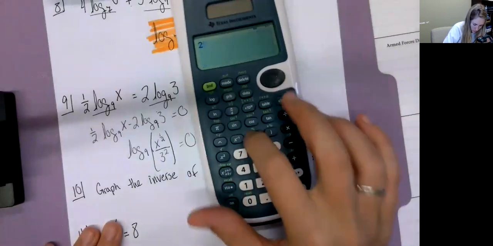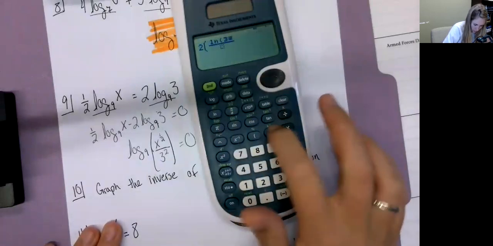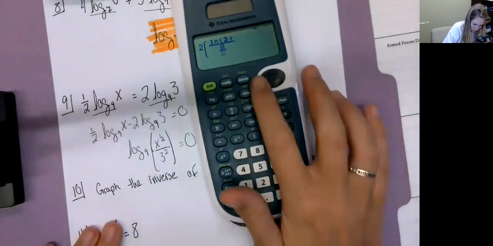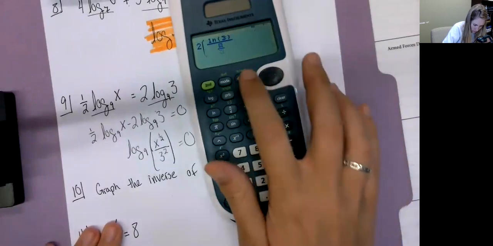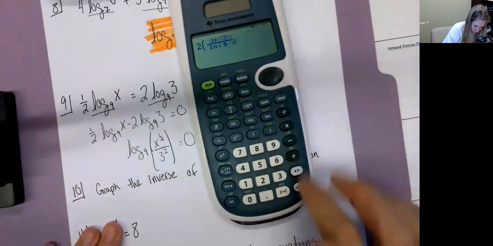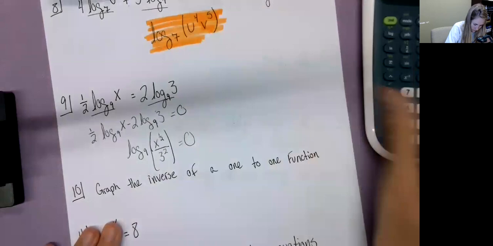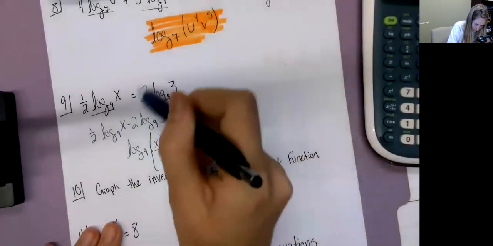Two times natural log of 3 over natural log of 9 equals 1. So all that is 1.